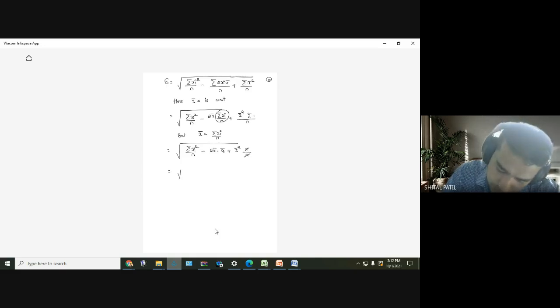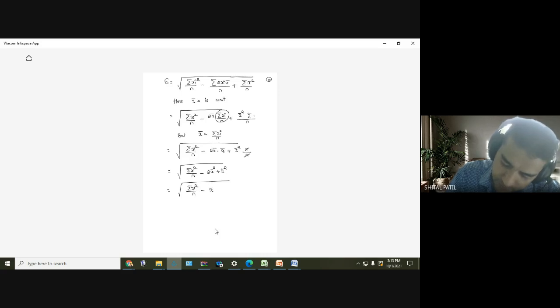And then summation of xi square divided by n minus 2 x bar square plus x bar square. Okay, that is summation of xi square divided by n minus x bar square, addition of these two. Okay, that is final formula.